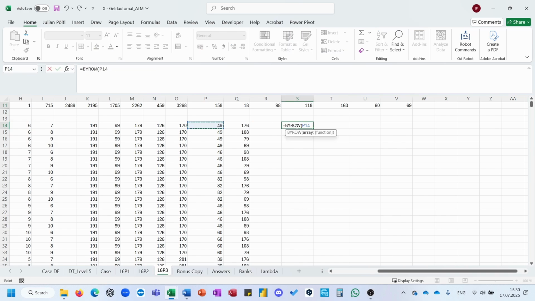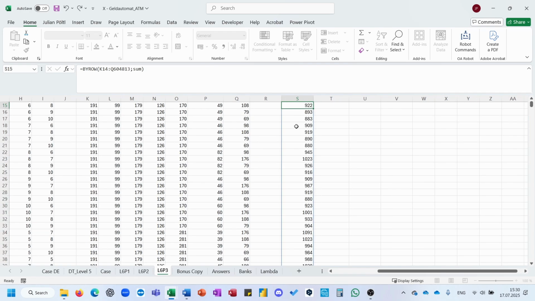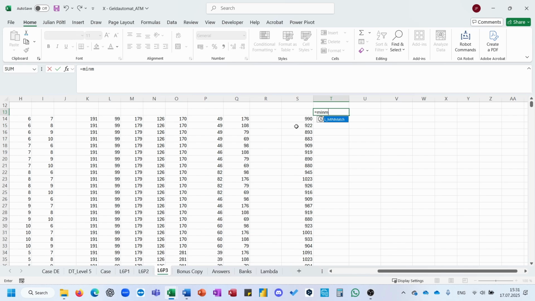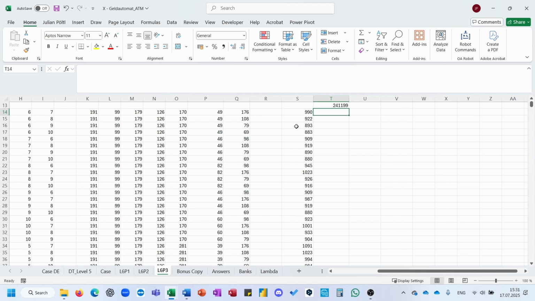Anyways, we have calculated, yes. By row, sum. Here we go, min match. It's on row number 241,000.